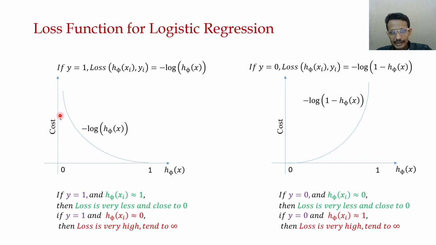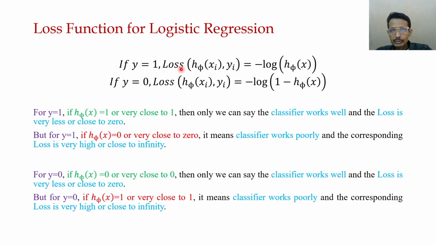This is the y-axis, the cost, and it is almost 0. But if y is 1 and our logistic regression hypothesis function says it is close to 0, then the loss becomes very high. This is exactly what we want. So we understand that this function represents what we have discussed for y equal to 1.